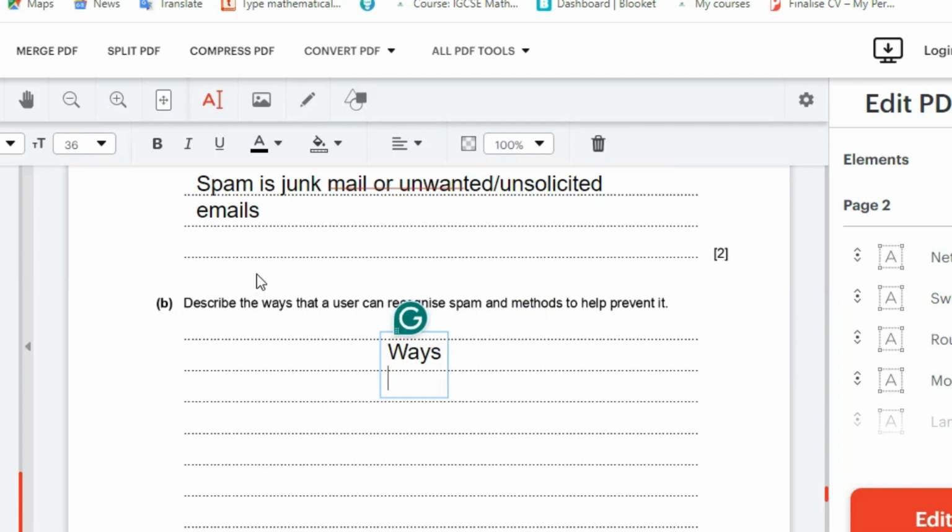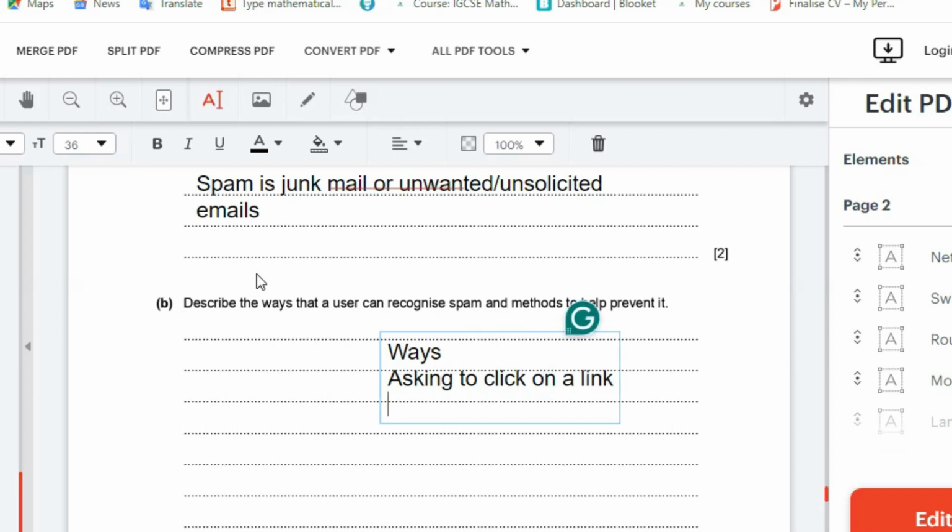Asking to click on a link. That's one way of knowing that a message is spam.